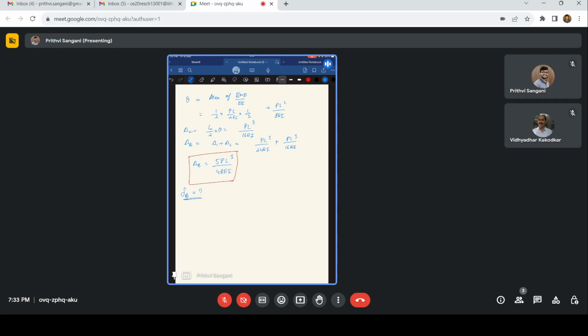Let us call these A, B, and C. Find the support reactions first, and you can also draw the BMD and SFD if you are interested.